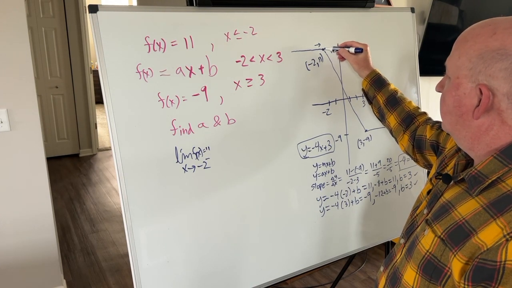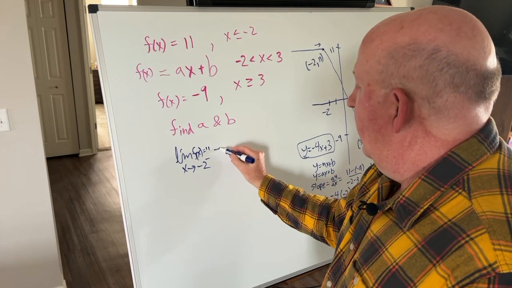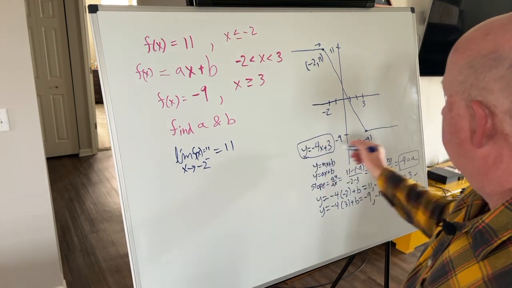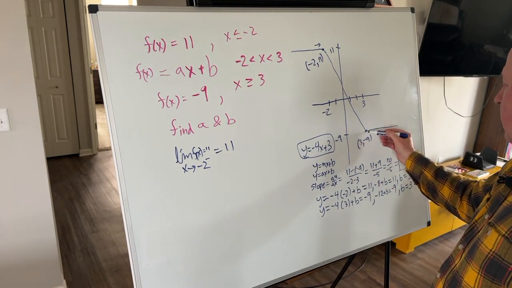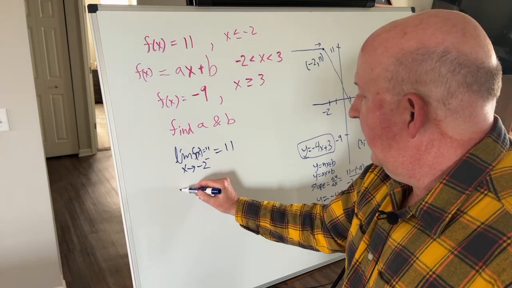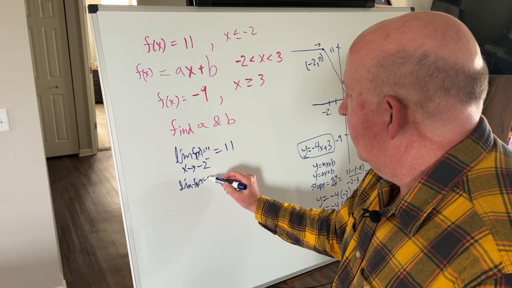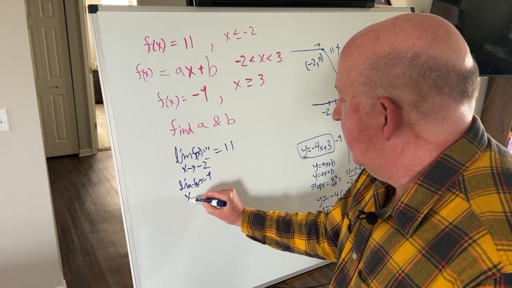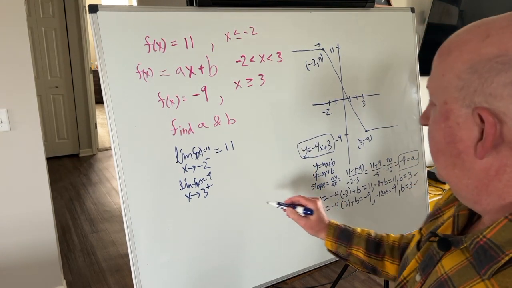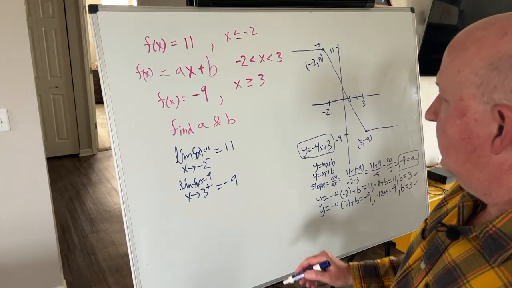As it gets closer and closer to negative 2, it's going to hit 11. And the same thing with this one. As it gets closer and closer to 3, it will hit negative 9. So the limit of f of x equals negative 9 as x approaches 3 from the right side equals negative 9. That takes care of those two.